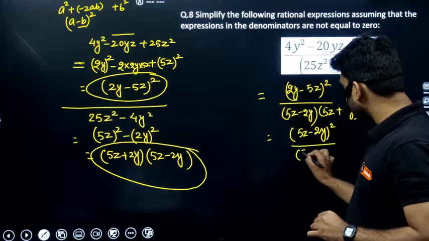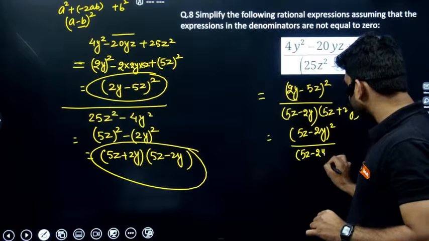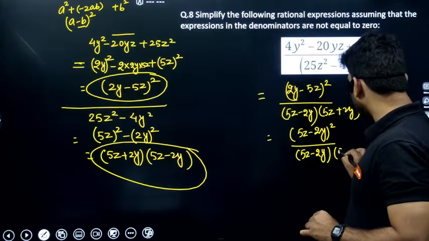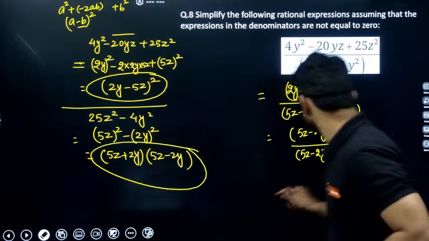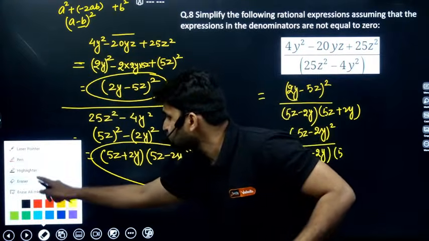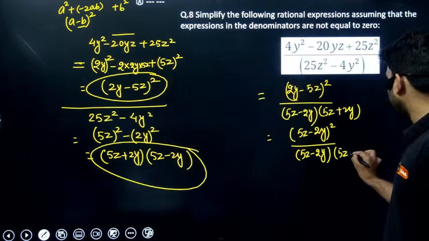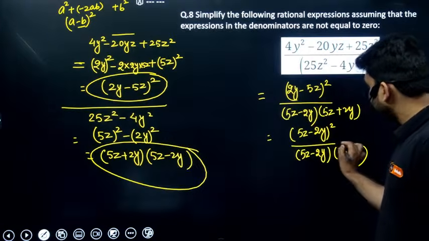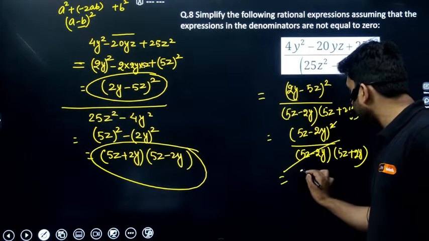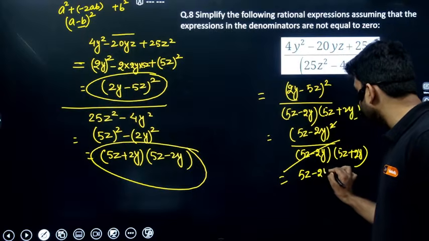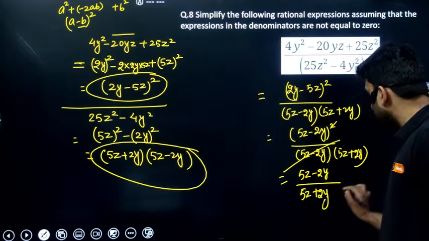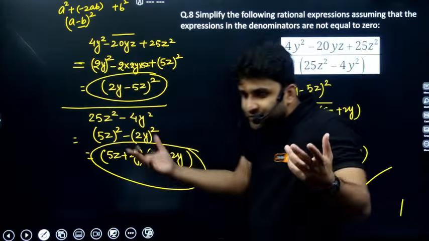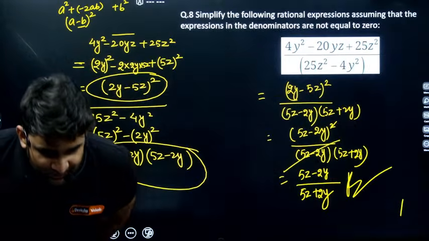So this is as it is, 5z minus 2y, and here we have 5z plus 2y. Clear? So it will cancel one. So we have 5z minus 2y in the numerator and 5z plus 2y in the denominator. This is the answer. It's magic.